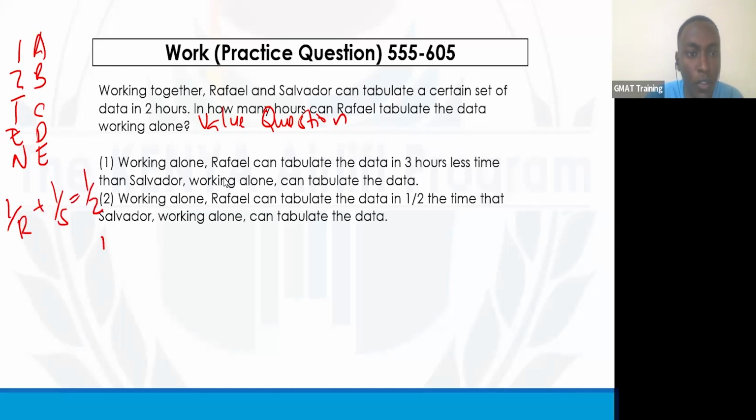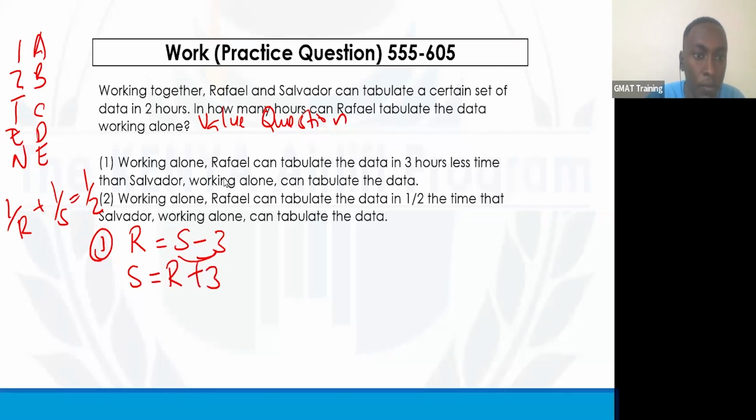Okay, let's go into the statements. Statement 1: working alone, Rafael can tabulate the data in 3 hours less time than Salvador. So S minus 3 equals the time for Rafael working alone. We can make S the subject, so S = R + 3.